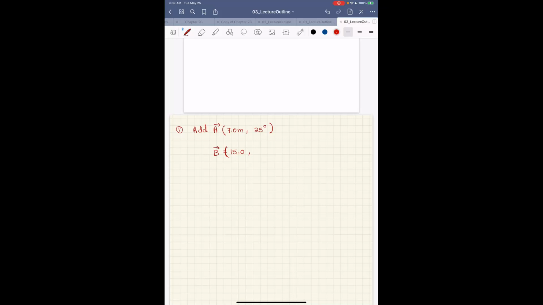When I indicate these angles, it means that this angle is, as I said, with respect to the positive x-axis, counterclockwise.